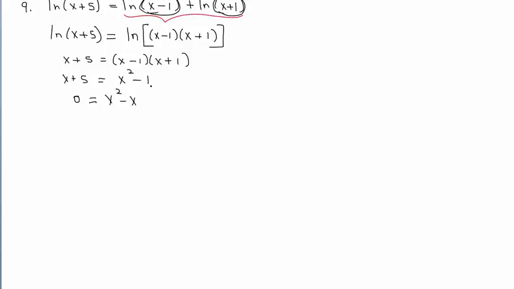Subtract a 5 to the already negative 1, and that becomes minus 6. I'm going to trade sides. All right, I'll avoid the quadratic formula because I can factor. Factors of negative 6 that add to negative 1 would be minus 3 and plus 2.